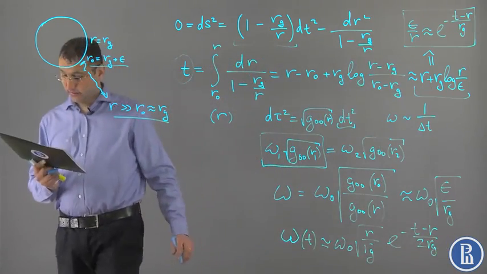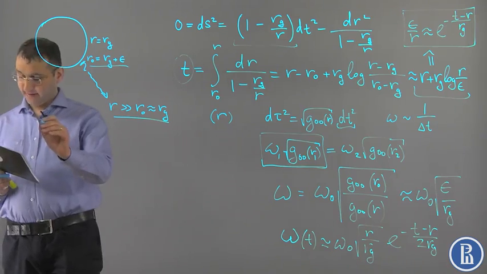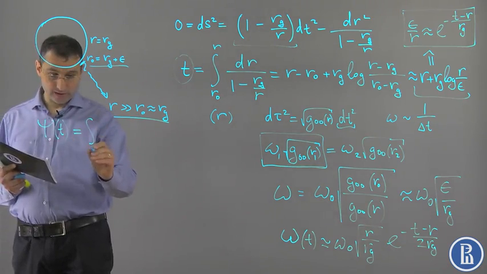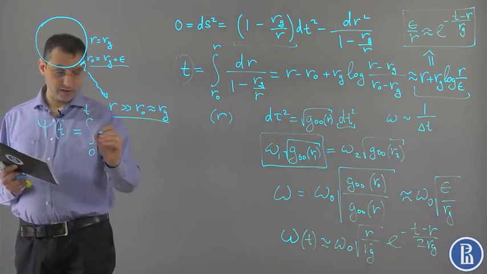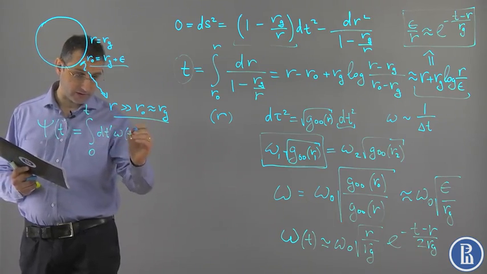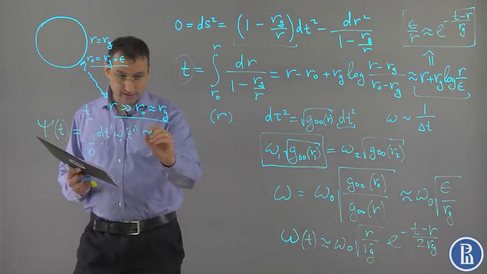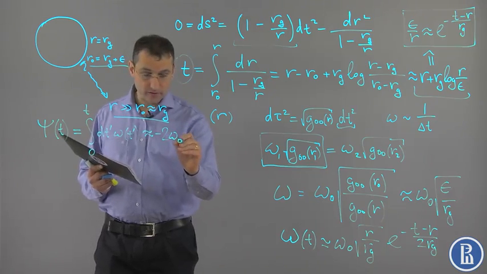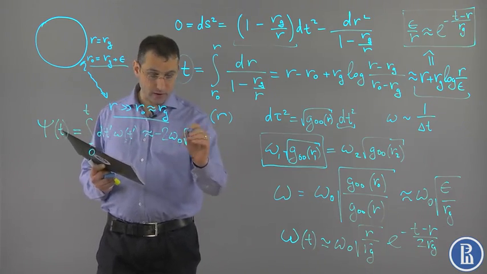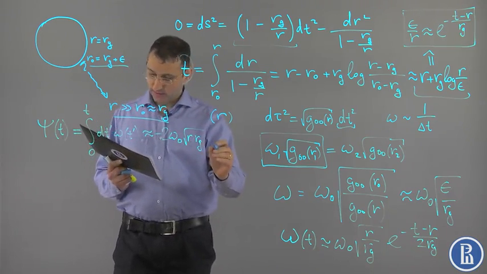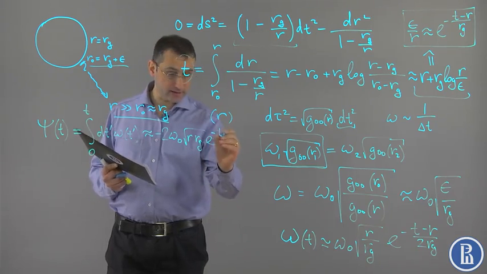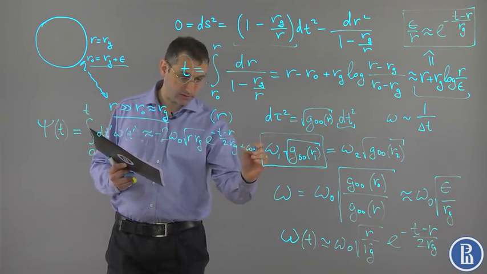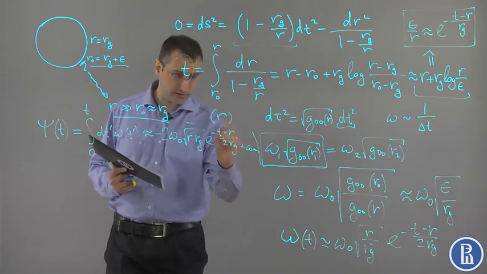As a result, the phase of the electromagnetic wave, which is equal to the integral from 0 to t of dt' omega of t', behaves like this. It is approximately equal to minus 2 omega_0 times square root of r times r_g times the exponent of minus (t minus r) divided by 2r_g, plus a constant, irrelevant for further discussion.